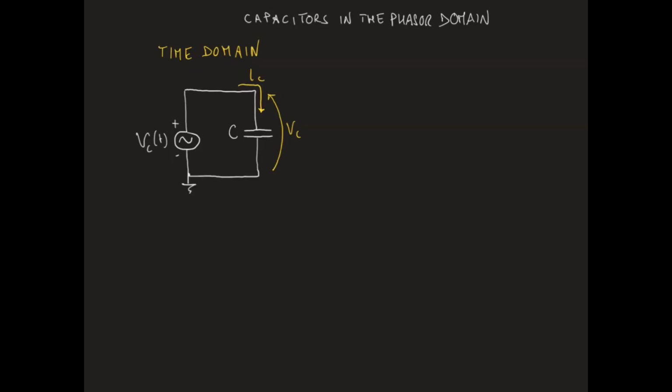So in the time domain, the current flowing through the capacitor is obtained by applying the time derivative operator multiplied by C to the voltage across the capacitor.